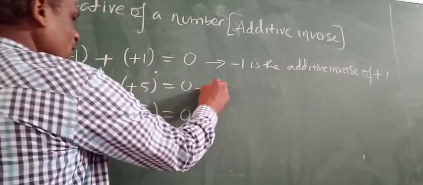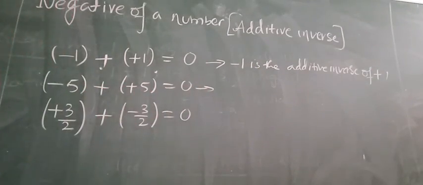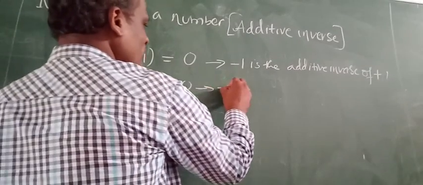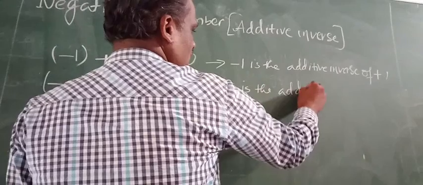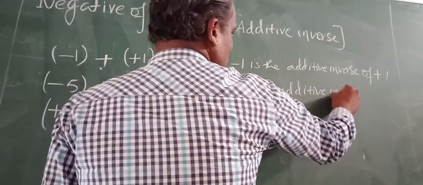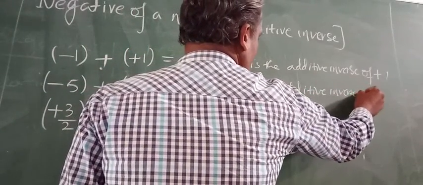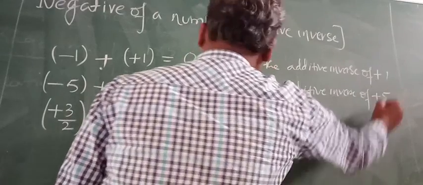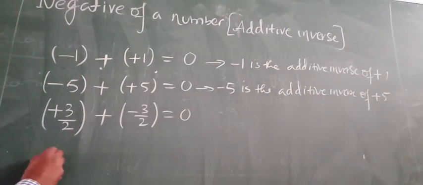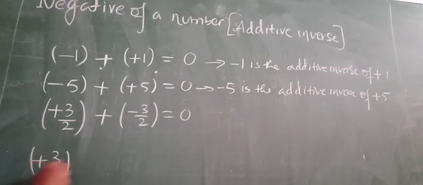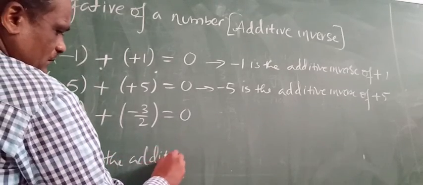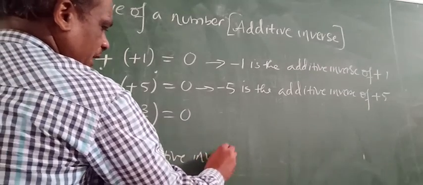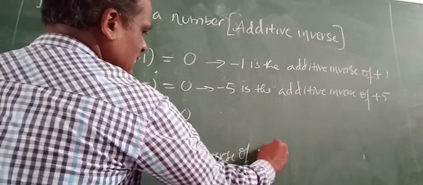In the same way, -5 is called the additive inverse of +5. Same way, +3 by 2 is the additive inverse of -3 by 2.